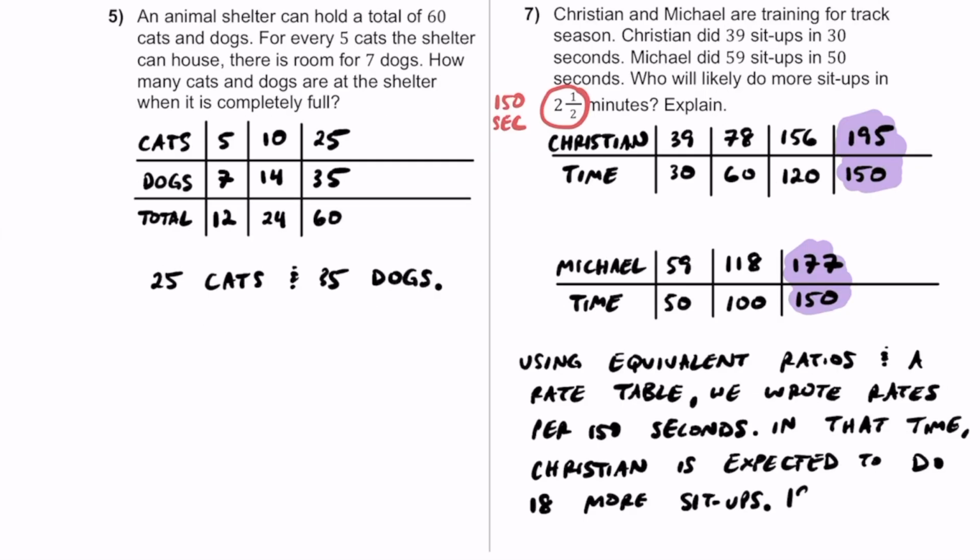You could also say that 195 to 150 is a greater ratio than 177 to 150. All right, so there you have 7 different practice problems that help us apply our understanding of ratios and rates and proportions and visualize organizing all the information into these tables to keep things nice and tidy and see how everything's laid out.